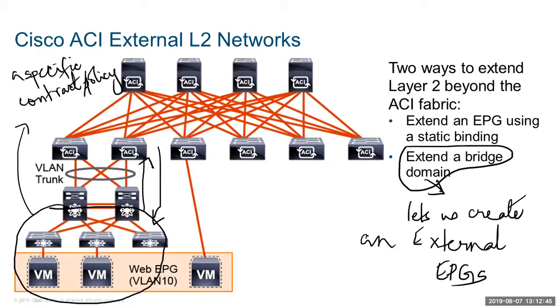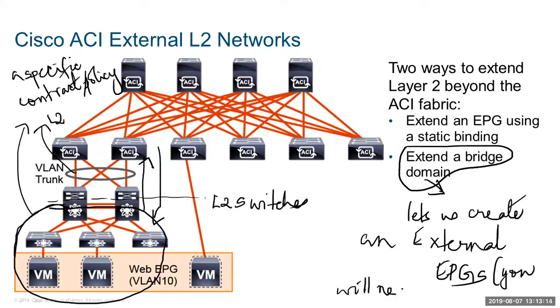Okay, so that essentially means all the hosts behind your layer 2 switches, these are the layer 2 switches, they would be in an external EPG, even though this is a layer 2 connection, a VPC or a layer 2 connection. Even though it is, they will be considered an external EPG, which means you would need contracts to communicate with other application EPGs.